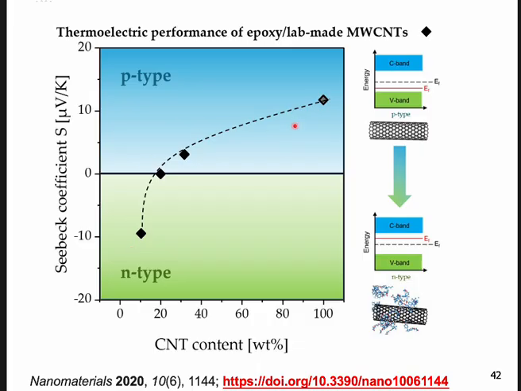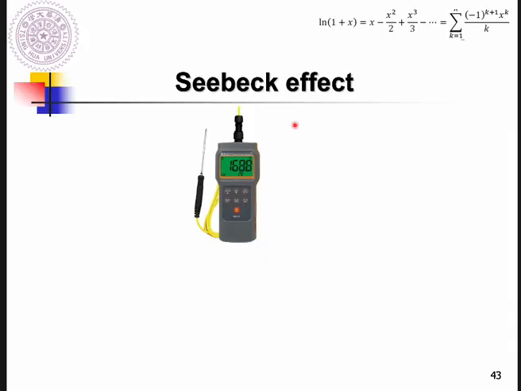Okay, so lots of people try to create N type and P type in an easy way, like through doping or something like that.